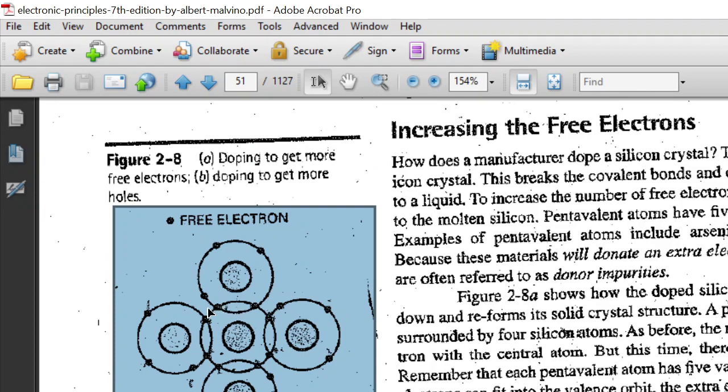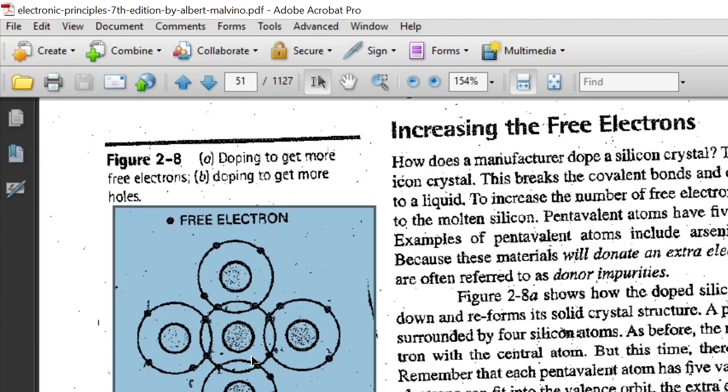So suppose we have an arsenic atom at the center. Please remember that impurity means the number of pentavalent atoms is much less than the number of silicon atoms. That's why it is an impurity in the silicon crystal.